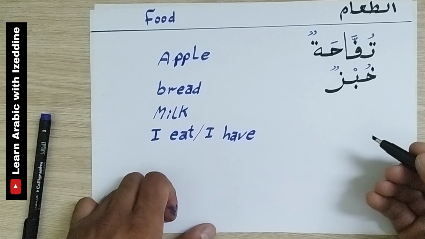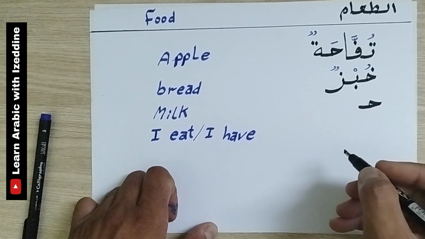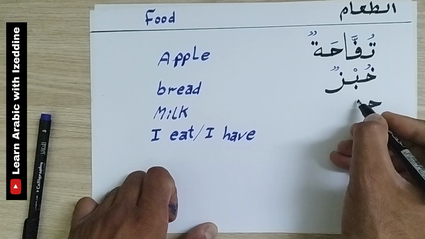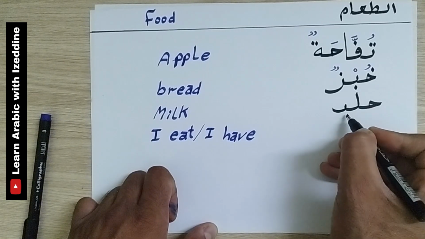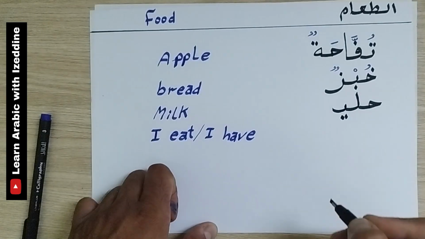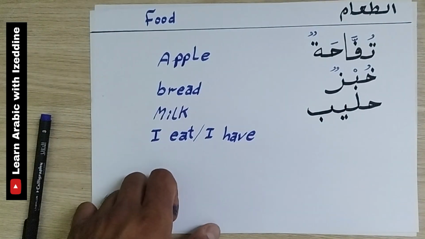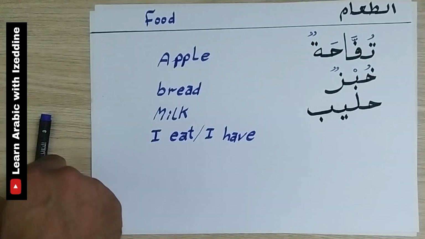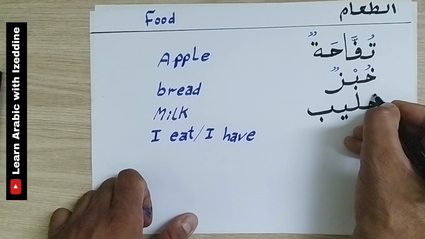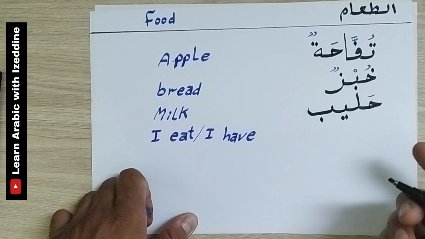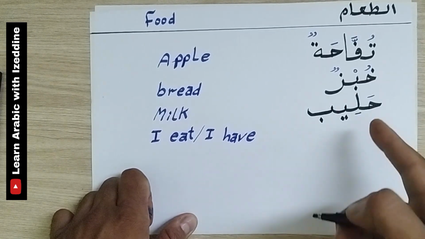How to say milk? In Arabic we say حليب. The letter حاء, the letter لام, the letter ياء, and then الباء. This is حليب. Now we put the vowels: ha with fatha, ha. Li, so it needs kasra, so that we pronounce it li.